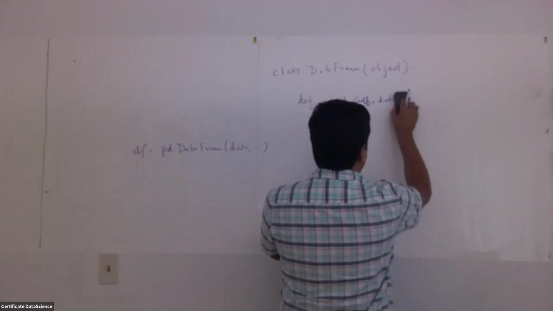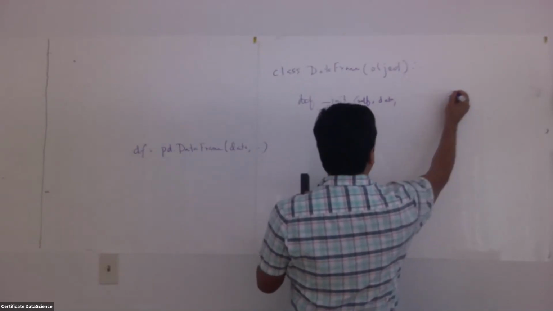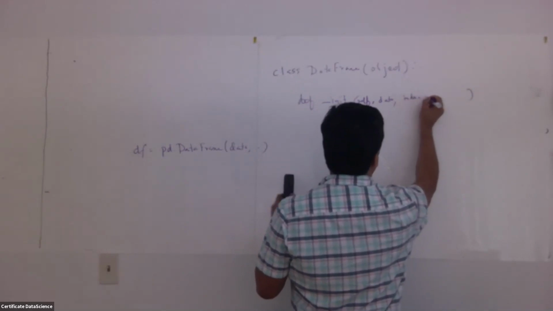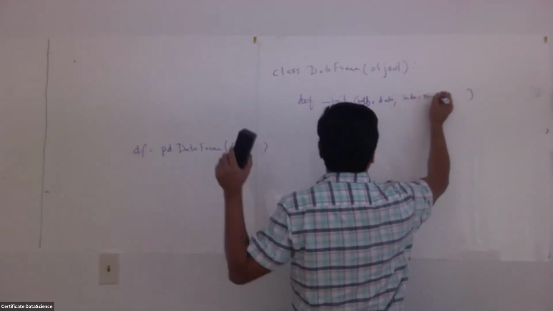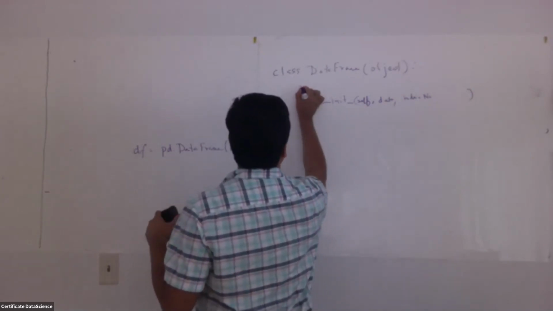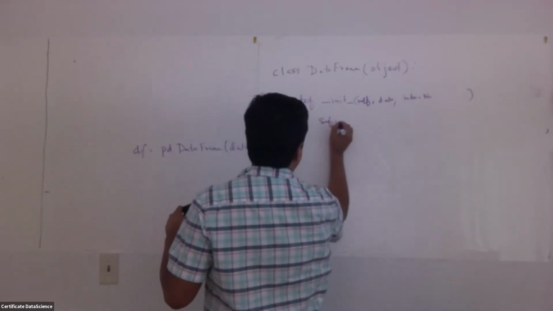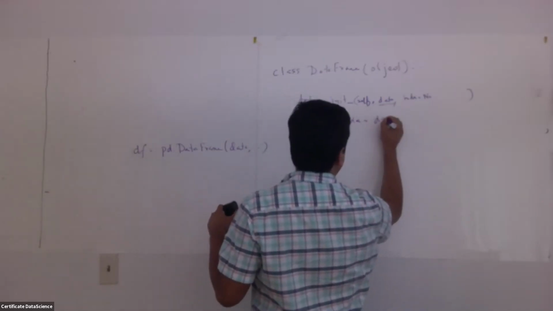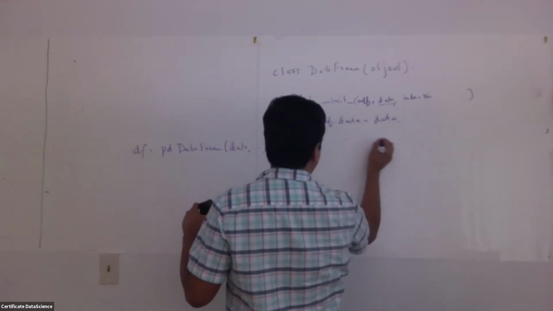It expects data, it cannot exist without it. And some other defaults like index will be defaults, by default None, it will prepare itself. So when you have the data, it will have an internal attribute called self.data and store the incoming data into this, and other things.